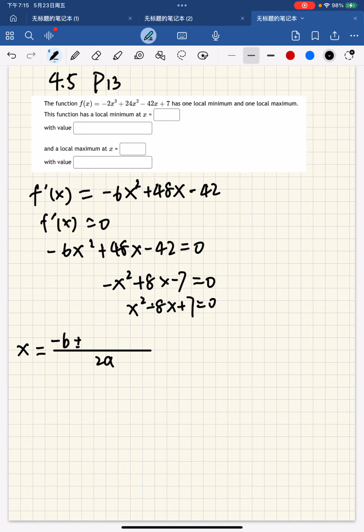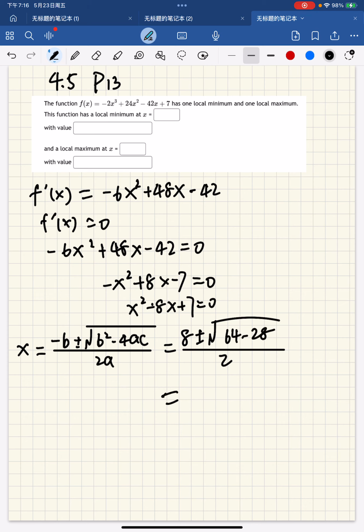We know there are two roots of this equation: x1 equals 7 and x2 equals 1.